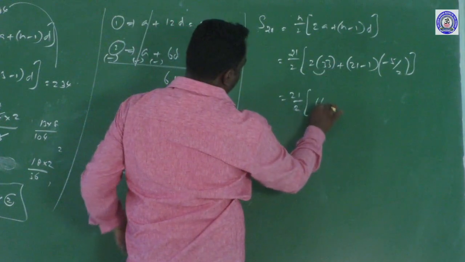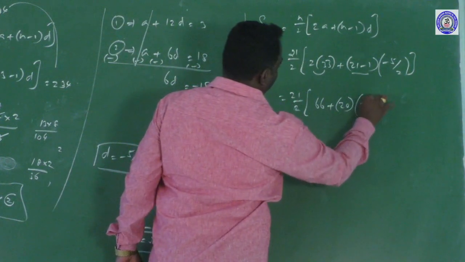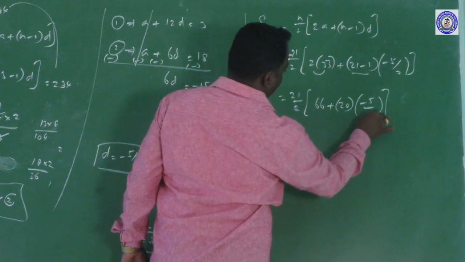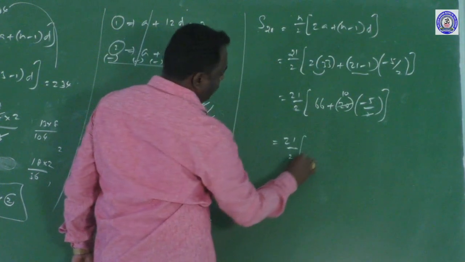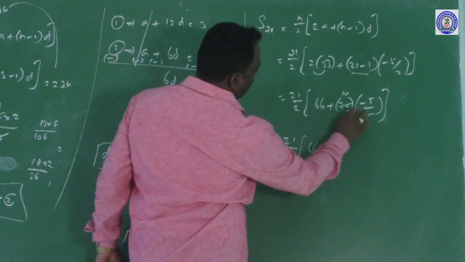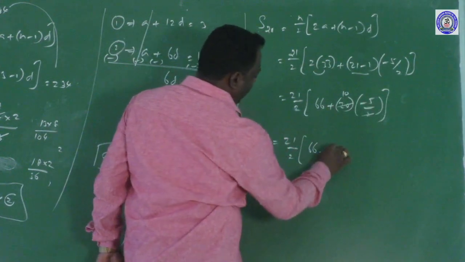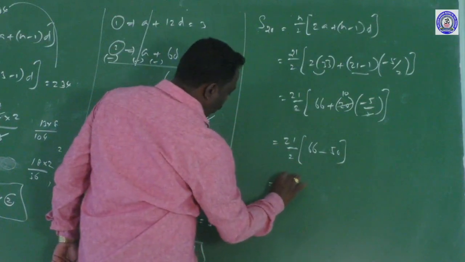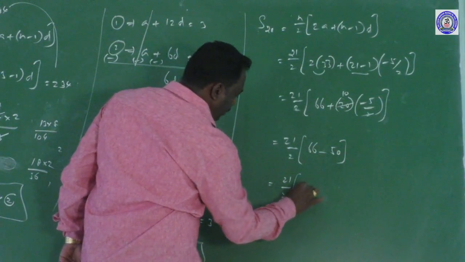Multiplying, we get 66, and here 20 into minus 5 by 2 cancels to give 10. That is 21 by 2 into 66 minus 50, so that is 21 by 2 in the bracket 16.